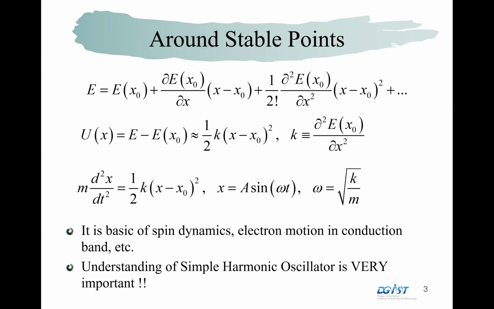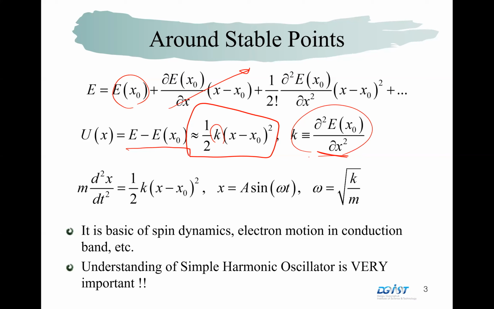As you see here, if we ignore the constant and move the ground state energy to the left-hand side, the energy term is always expressed by a quadratic form of the variable x. Here k is a constant which depends on the second derivative of the energy. At the ground state, the first derivative of energy is zero, and the second derivative we can assume is a constant value.